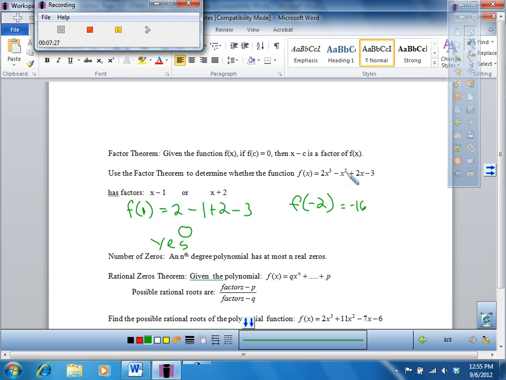Negative 2 squared is 4, make it negative, which is negative 4. Plus 2 times negative 2, which is negative 4 again, minus 3, which gives you negative 20, negative 24, negative 27. So is x plus 2 a factor? No, because you have a remainder.